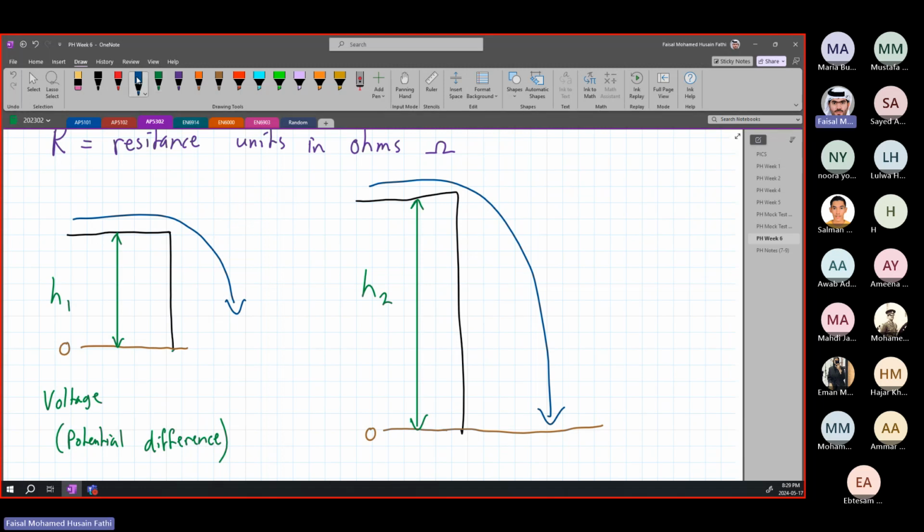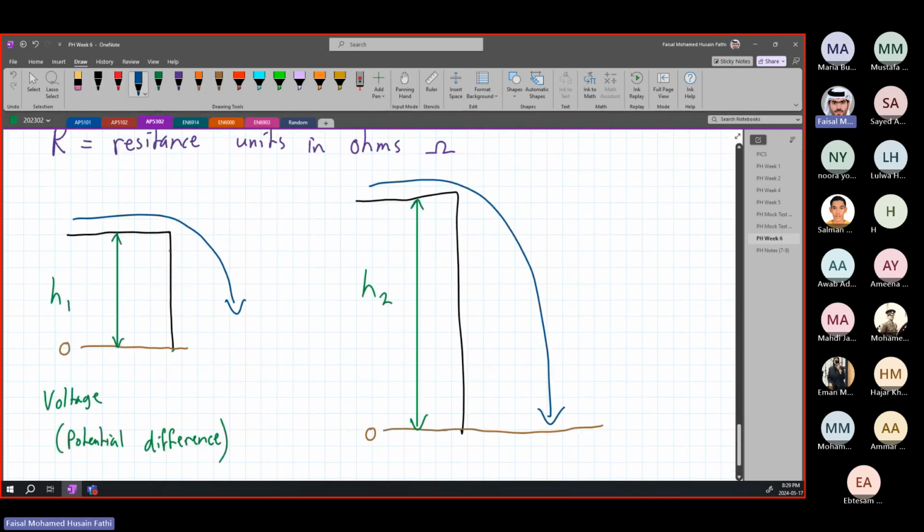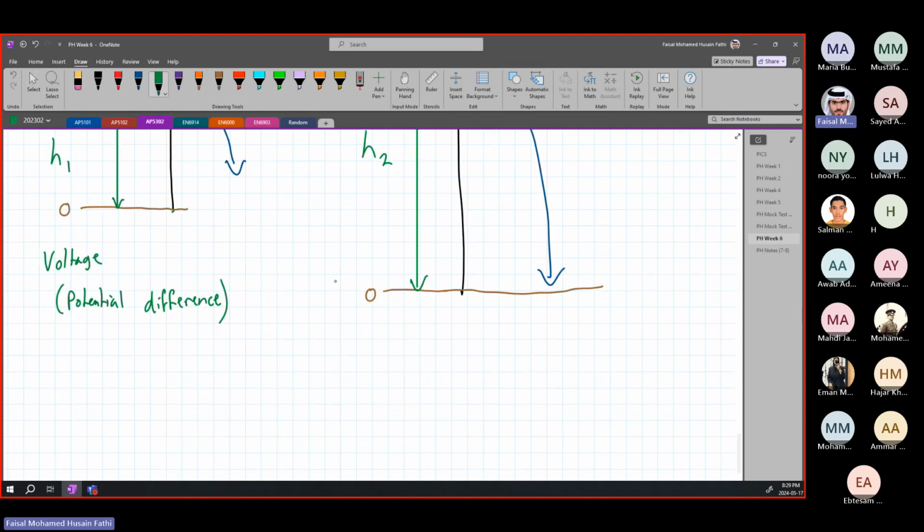In electricity, that is the exact same idea of voltage. Voltage basically corresponds to current, where voltage is basically the force that is pushing the current to move forward. So what do they mean by potential difference and voltage? Potential difference or voltage is simply the amount of, let me make it simpler.